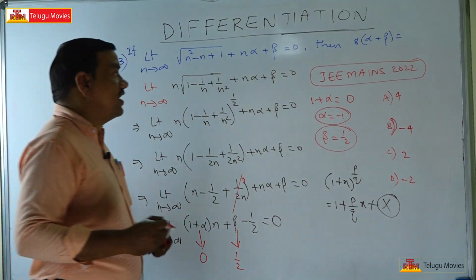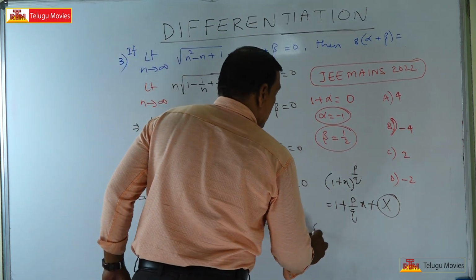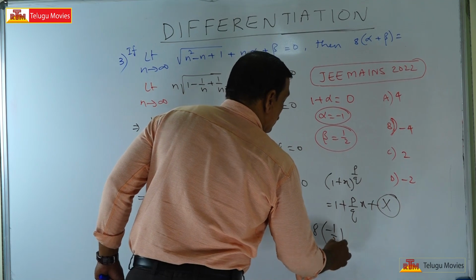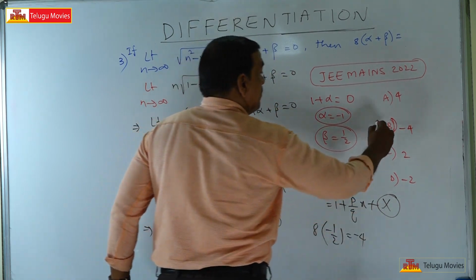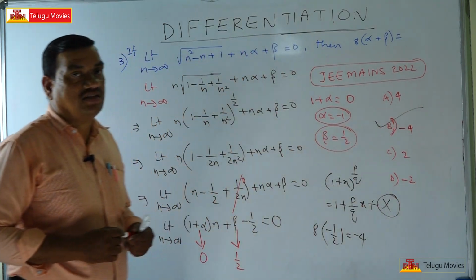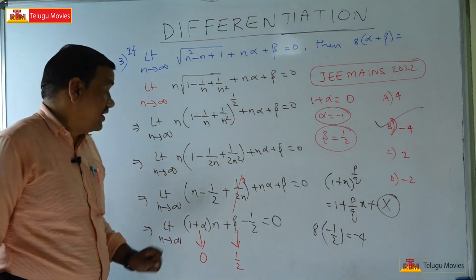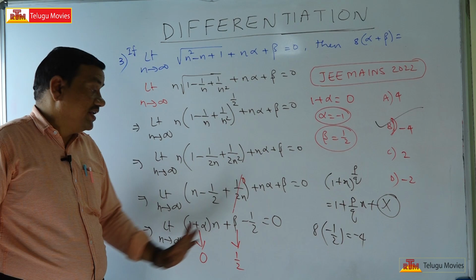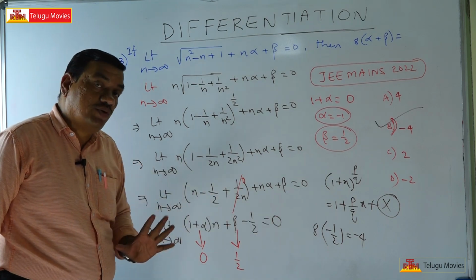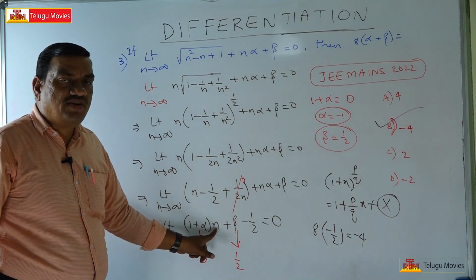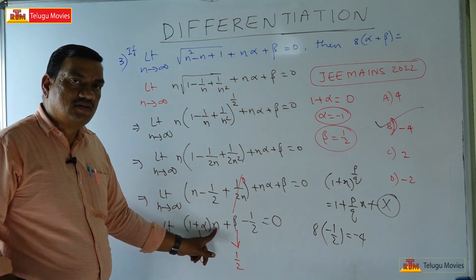Understand? Therefore, what is 8 into alpha plus beta? It is 8 into minus 1 by 2, so your correct answer is minus 4. Here you have to apply the logic: the limit is getting a finite value, not an undefined term.